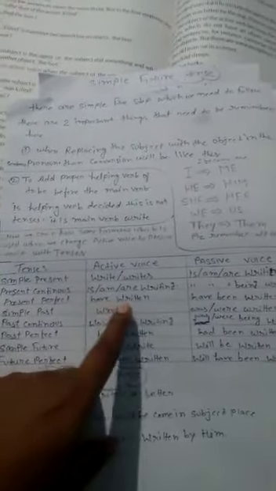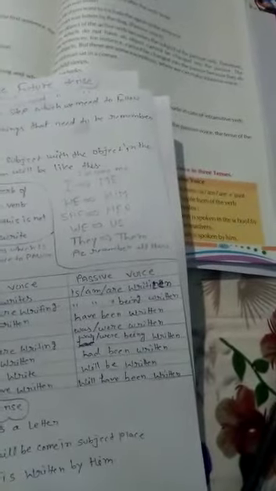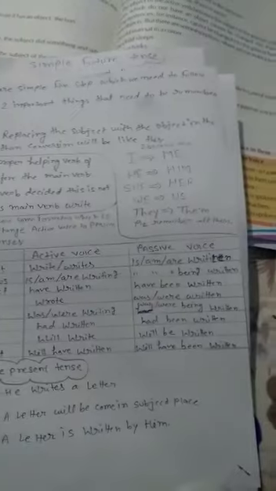Second, present continuous tense: is, are, am writing becomes is, are, am being written. See all the formulas and note them.